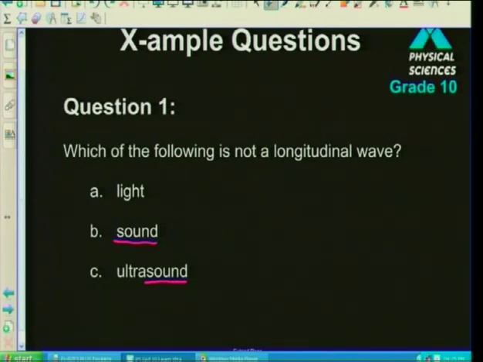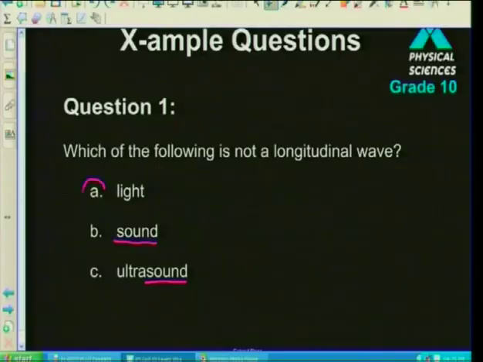I've already said today that sound is an example of a longitudinal wave, which means ultrasound, sound that we cannot hear, is too. We'll talk about it a little later on. Ultrasound is a fascinating part of the sound spectrum that does wonderful things for us as humans. It's everywhere. That means it's a longitudinal wave, so the one that is not a longitudinal wave is light.